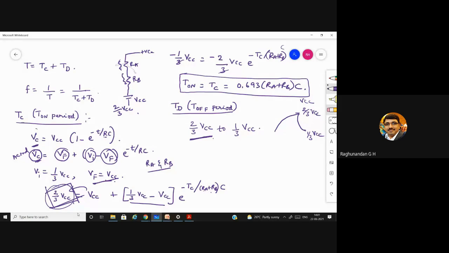See, final voltage it can reach means in charging in T on time, it is towards the peak value. In discharging, it is towards the lowest value. If the final value in the on time is plus VCC, and the same concept you apply in the off period, what will be the final voltage?